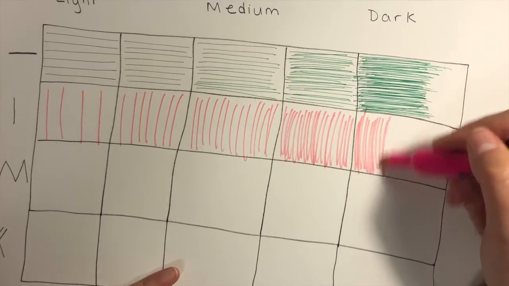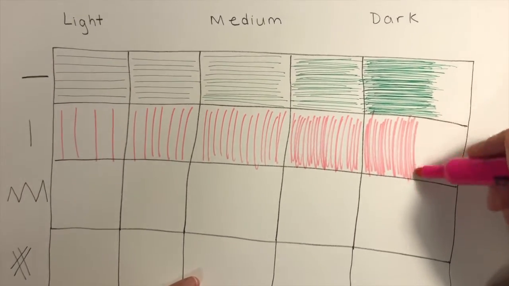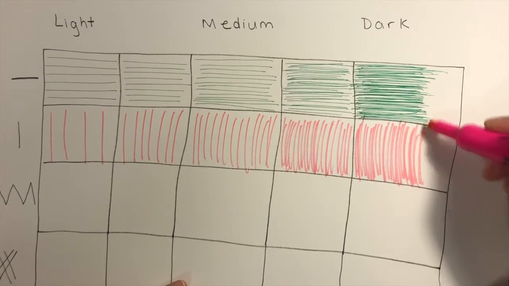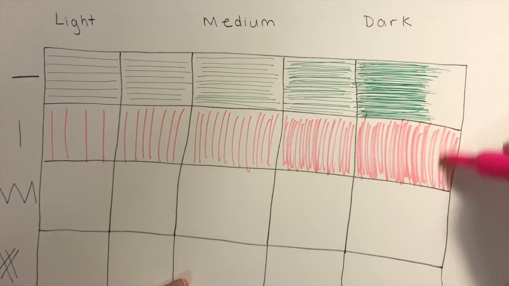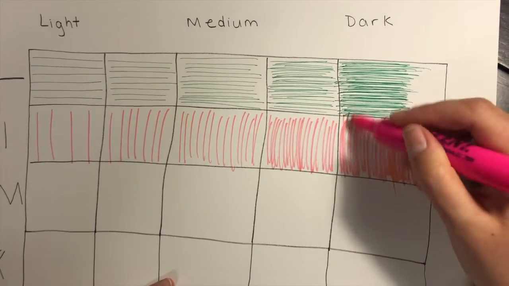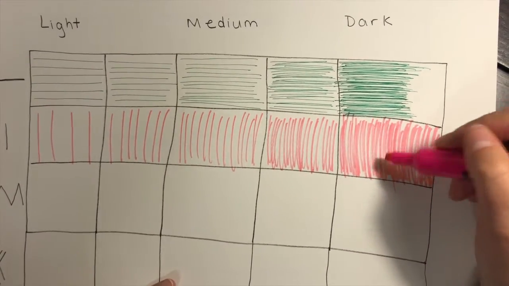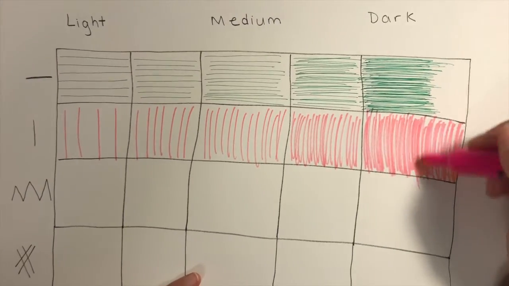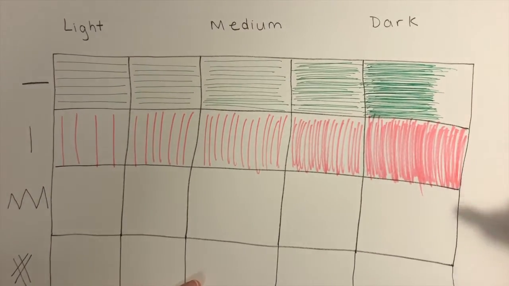It's almost like when you get to the really dark part with your highlighter, like you would be coloring the whole square in, but you're not actually coloring it in like you would in a coloring book or something. You're coloring it just by using the repetition of lines.